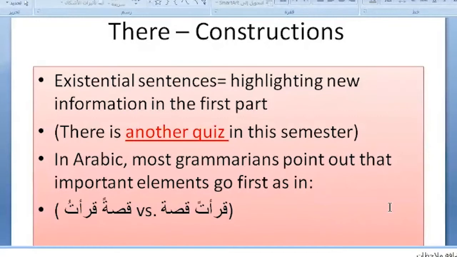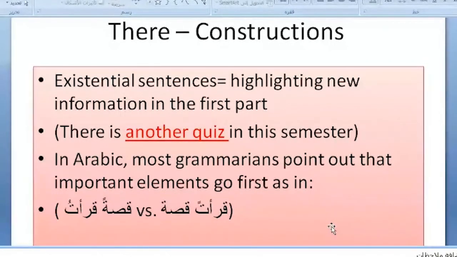In this type of construction, we also highlight new information, where in the first part, it is similar to clefting. So in this example, there is another quiz in this semester.